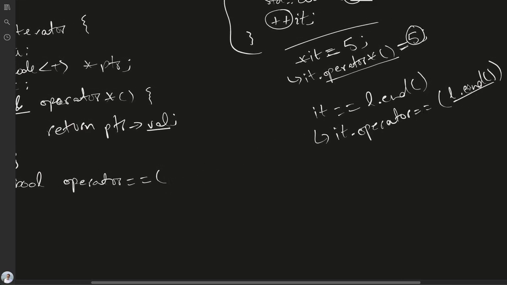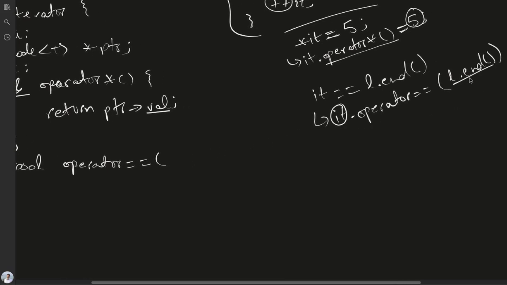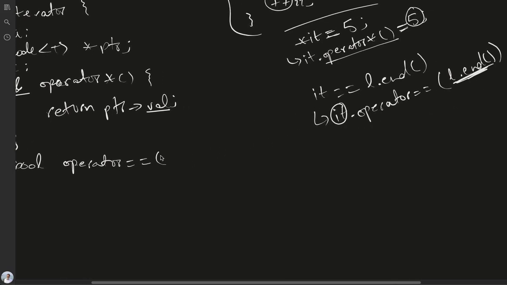So whatever we pass is received here, let's say we call this other or right hand side, and this is the object for which this function is called. This would be referred through this pointer. So we take this object as parameter, it should be const, it should not be changed, and it is an iterator.